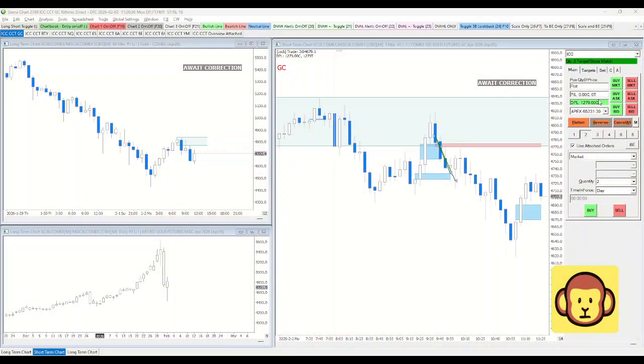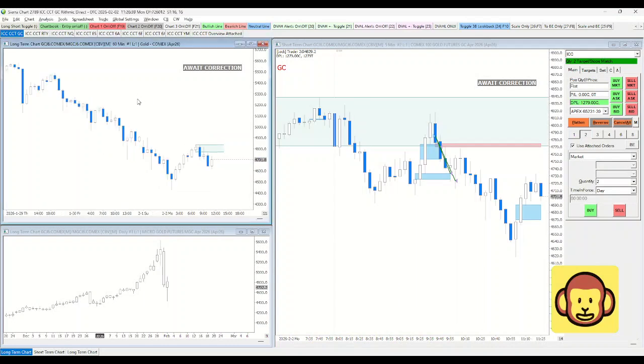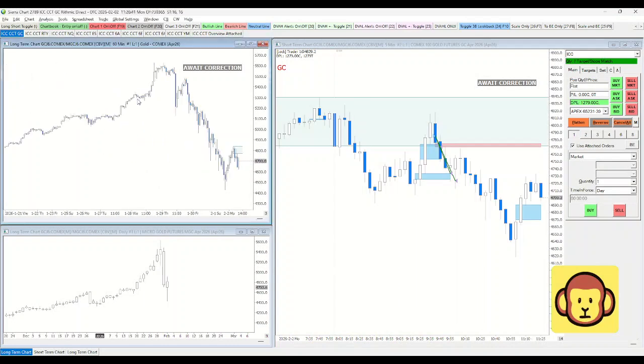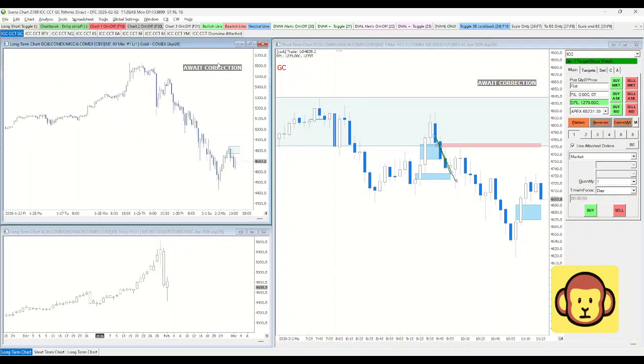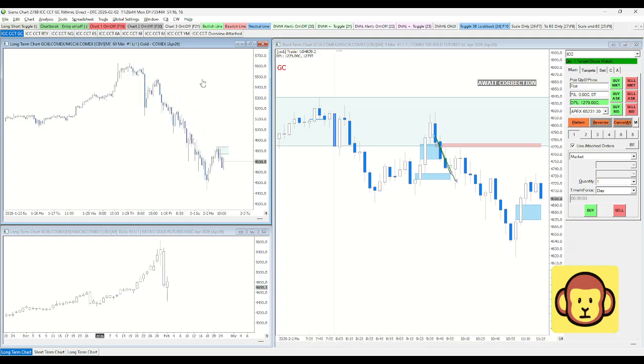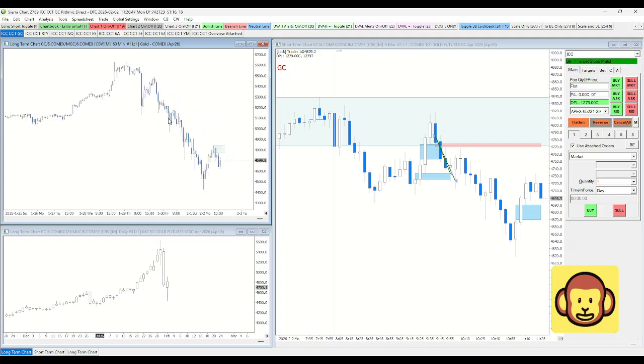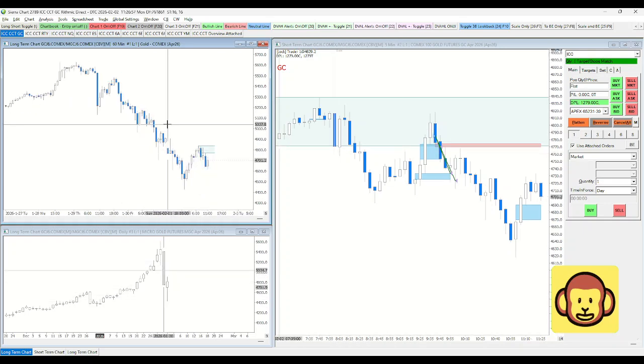So just looking here on gold today, we had the 60-minute downtrend over the last few days. Lower high, lower low, lower high, lower low, lower high, lower low. So the expectation is to continue the trend.